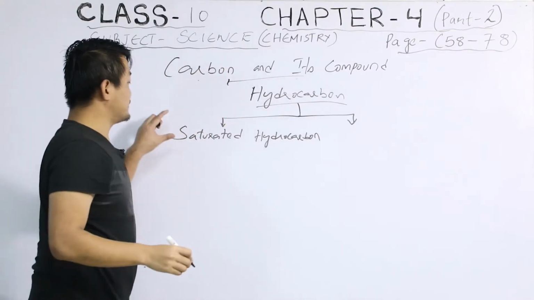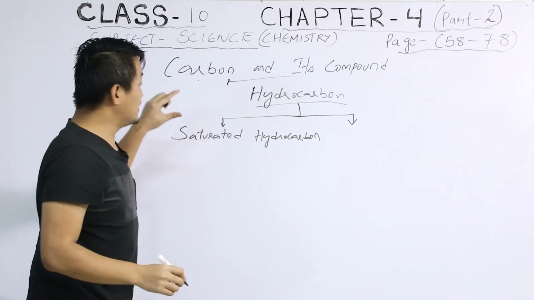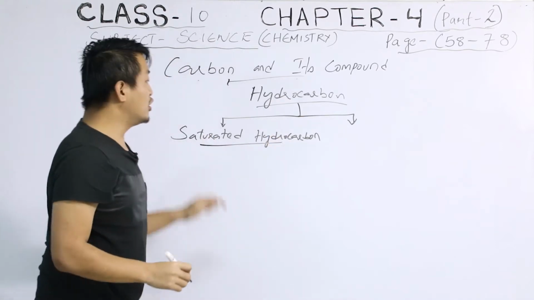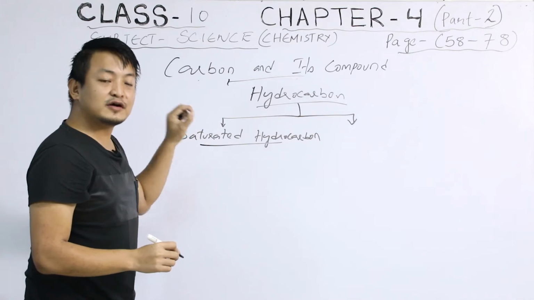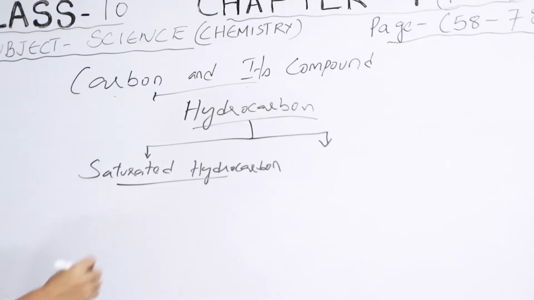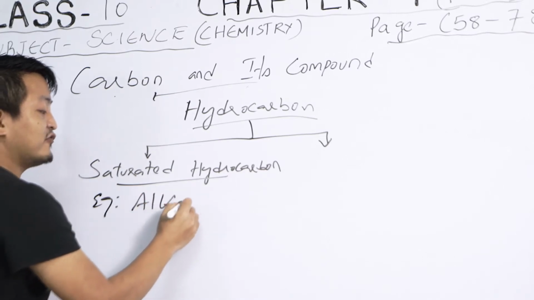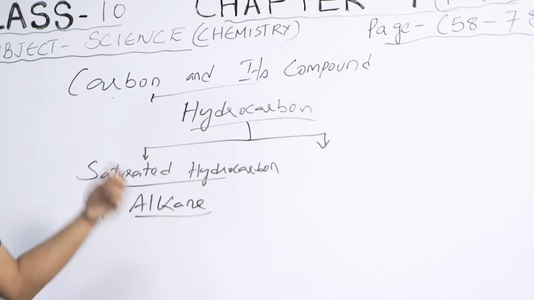We have also discussed an example. This is a type of hydrocarbon where there is only a single bond, for example the alkane family. We discussed this in our last class.